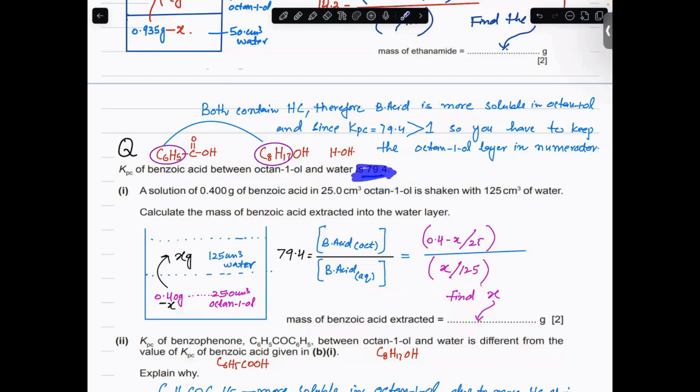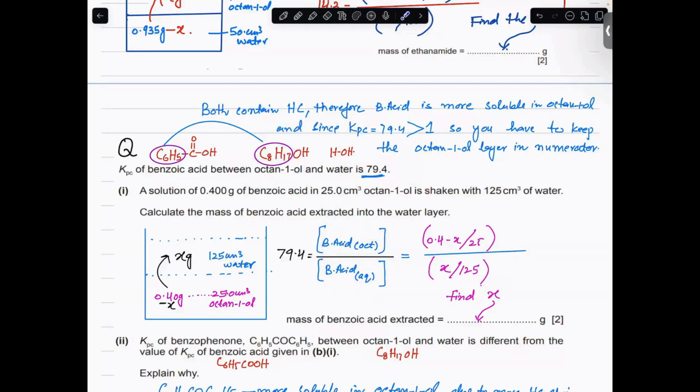If this is more than 1, you are bound to put in the numerator the solvent in which the solute is more soluble. How will you know that it is more soluble? Can you see hydrocarbon and hydrocarbon? They are both more soluble. You have to keep the octan-1-ol in the numerator and the water layer in the denominator.